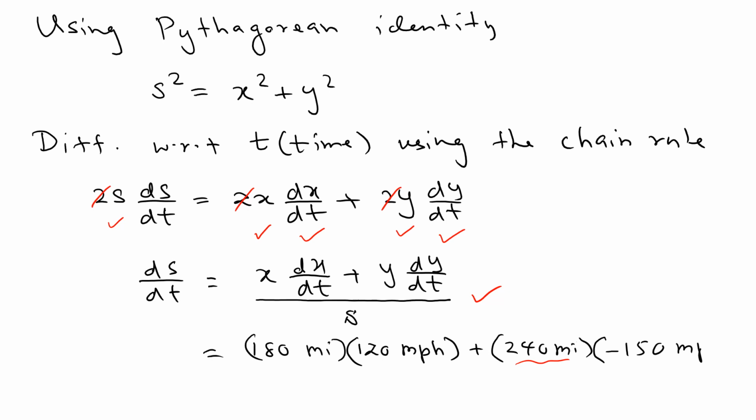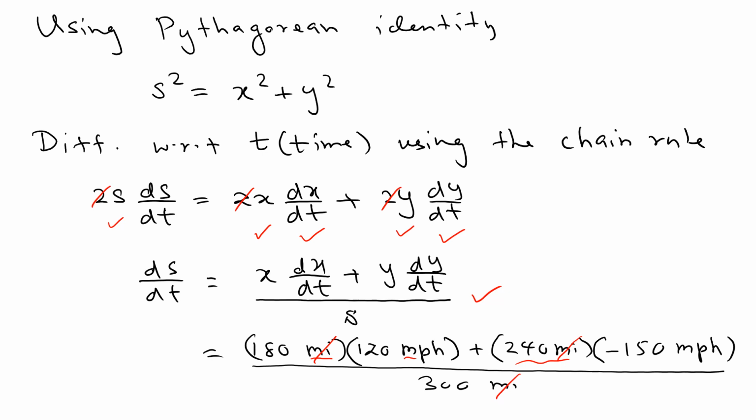And miles per hour. So we use two different units, so be careful with this. Both miles. Okay, and then divided by 300 miles, and you can see all the miles get cancelled out, so the final answer is in miles per hour.